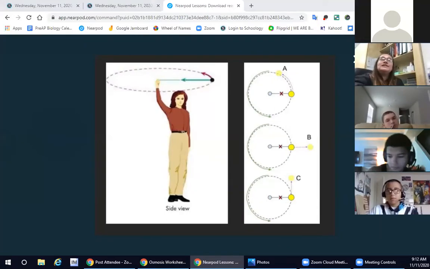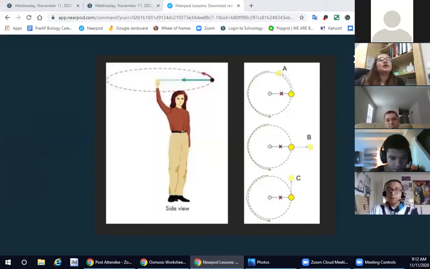It wouldn't continue to move in a circle, because the centripetal force broke. So nothing's pulling it to the inside. For B, remember I said there's no centrifugal force? So it wouldn't continue to go outward, out of the circle. It doesn't work like that. There is no force like B. It's going to continue moving C, and I'm going to explain why.